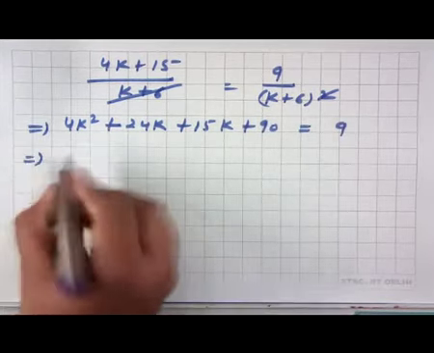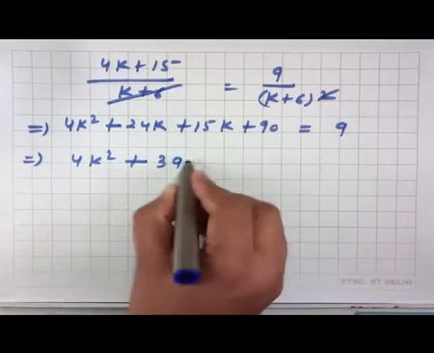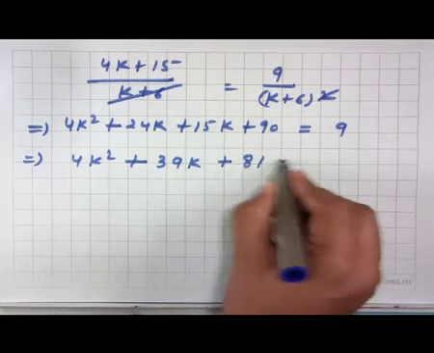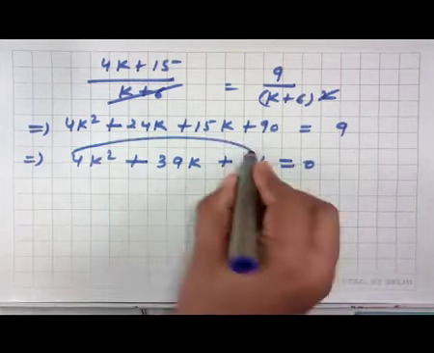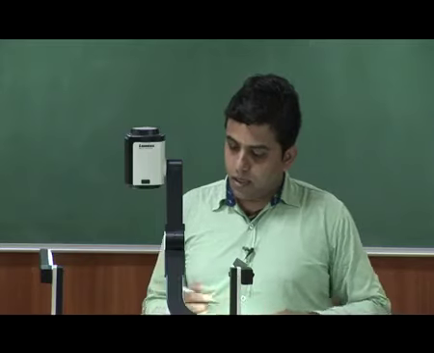Now the equation will be 4k square plus 39k plus 81. Now we try to find the value of k by using splitting of the middle term.